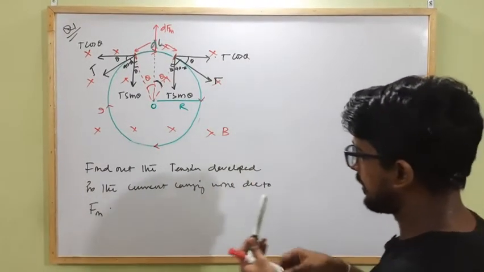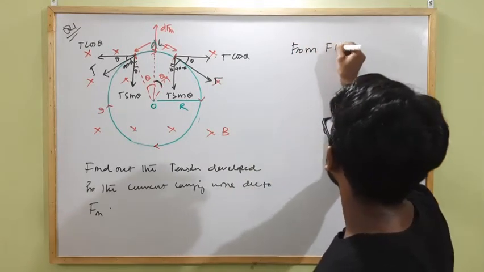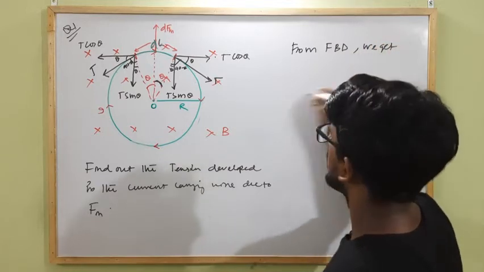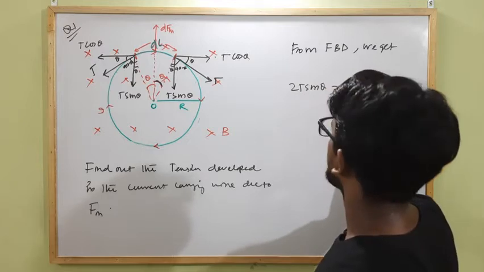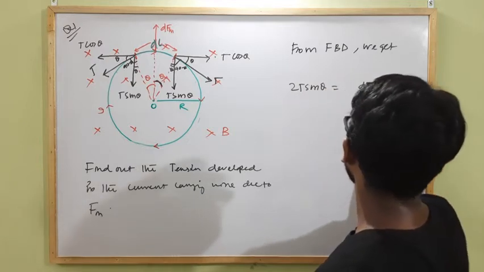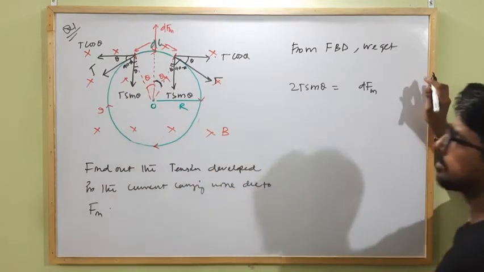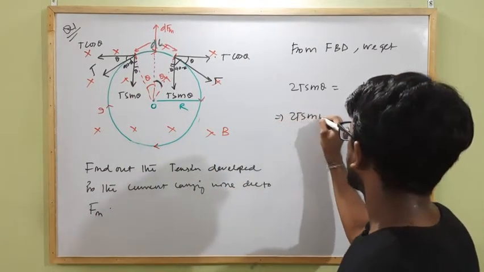So now from the FBD we can write, from the free body diagram, 2T sin theta is equal to how much? dFm, the magnetic force acting on this segment, which is balanced by these two components of the tension. So this implies 2T sin theta equals dFm.